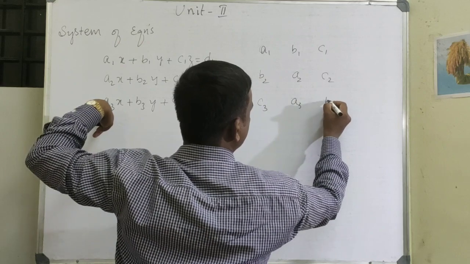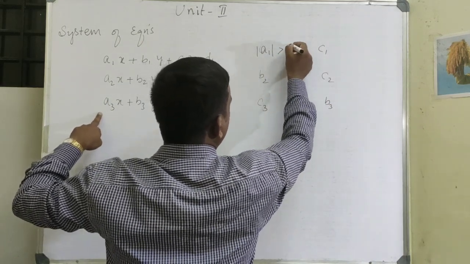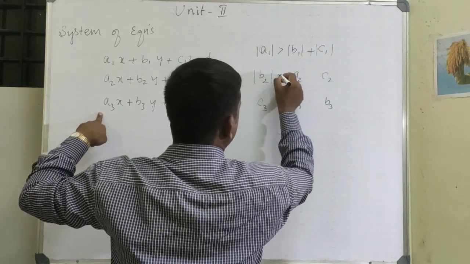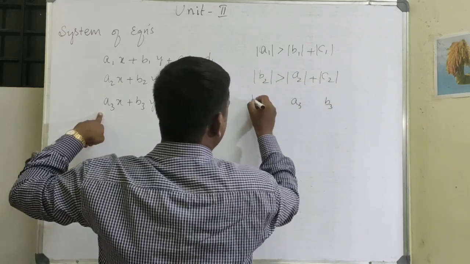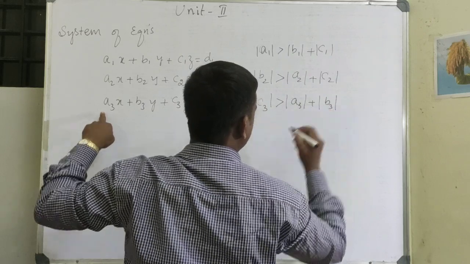a3, b3. Now modulus of a1 is greater than modulus of b1 plus modulus of c1, and modulus of b2 is greater than modulus of a2 plus modulus of c2. Modulus of c3 is greater than modulus of a3 plus modulus of b3.